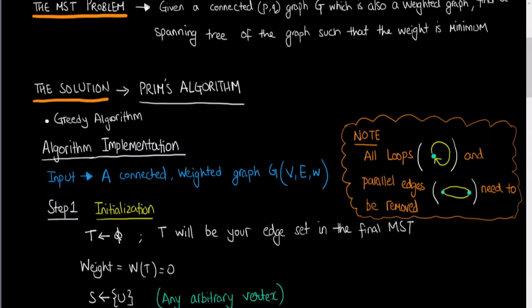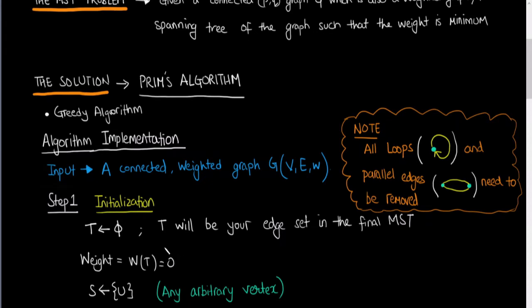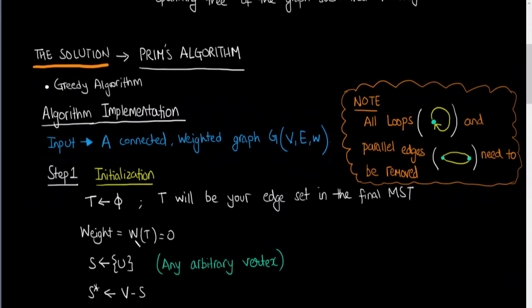So step one is initialization. First of all, we initialize T with the null set. T will be the edge set in the final minimum spanning tree. We initialize the weight, W of T, to 0, and we initialize a set called S with the vertex U. U can be any arbitrary vertex in your graph.